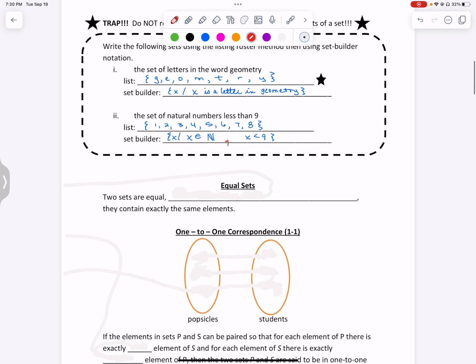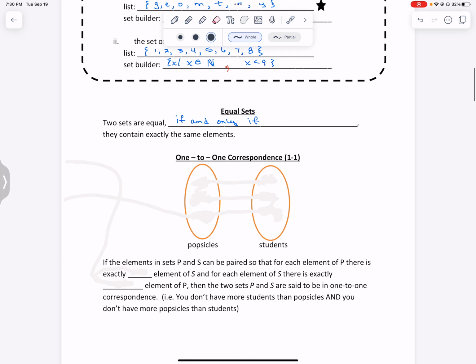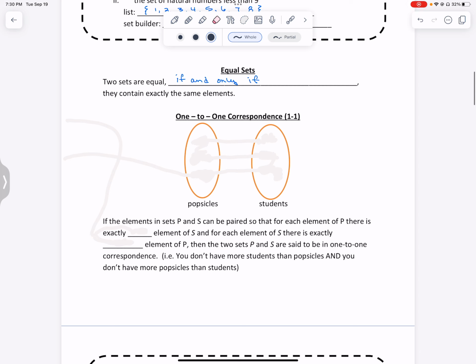All right. So how do you know if two sets are equal? They are equal if and only if they contain exactly the same elements. Notice, it doesn't have to be in the same order, but they have the exact same elements. Okay, so we have this thing called one-to-one correspondence. Here's the definition.